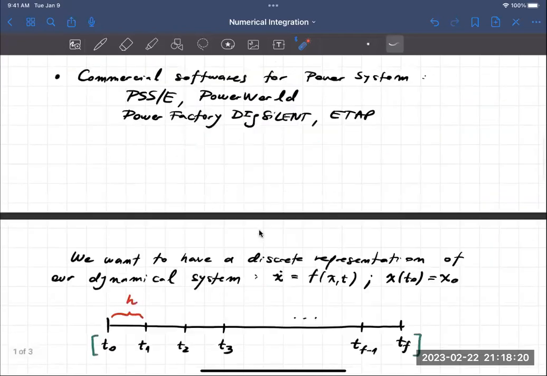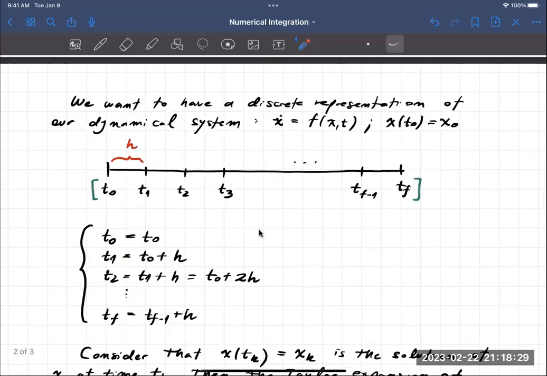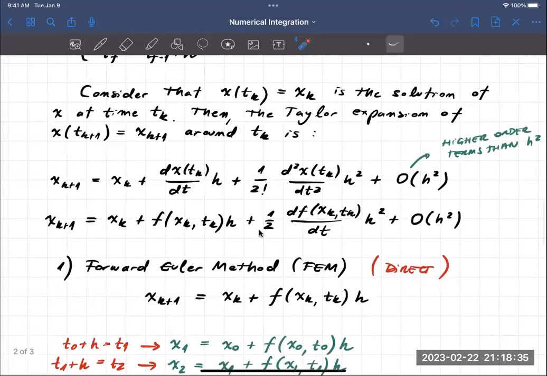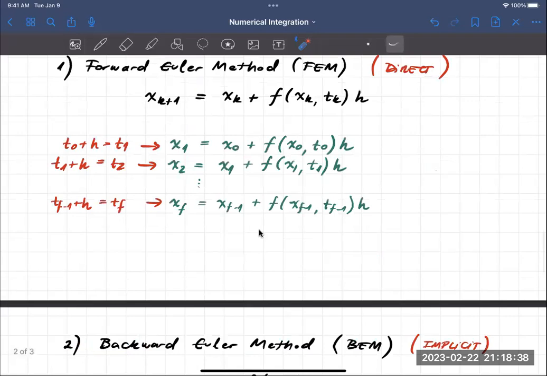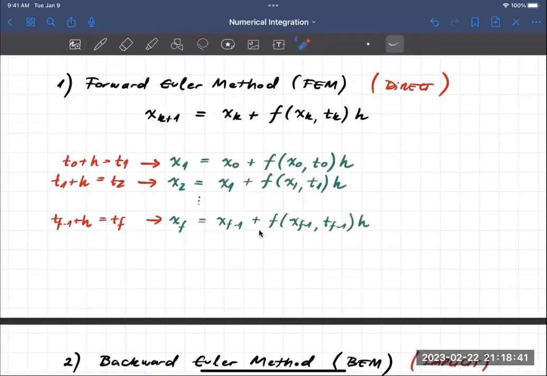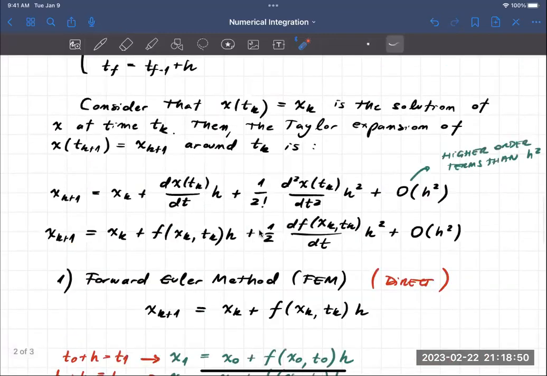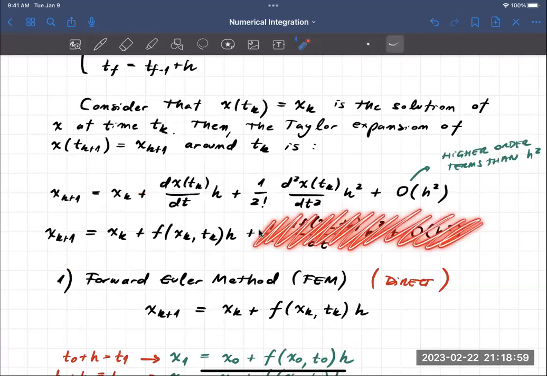And in practice, there are a lot of commercial softwares, just like the ones that I described, but we're going to look for some numerical solutions to approximate our actual solution in a discrete way using the Taylor expansion. We came up with 3 methods related to the first order approximation using this Taylor expansion, which is basically neglecting all the terms related to order 2 or higher. Okay, so we use only the linear part.